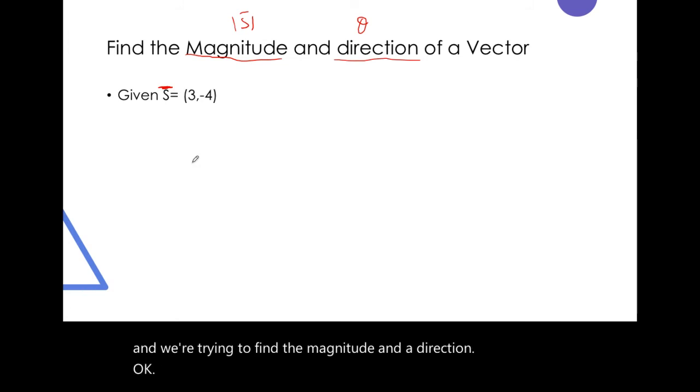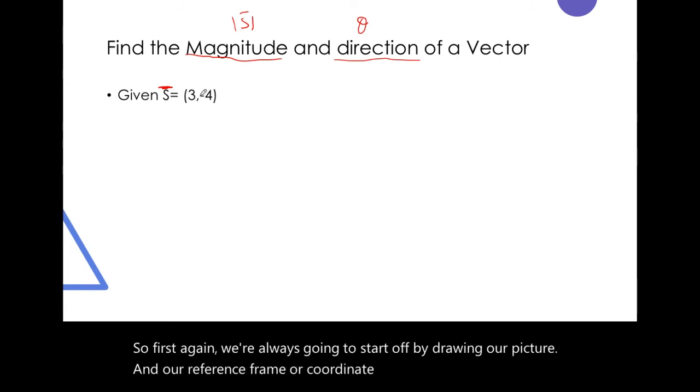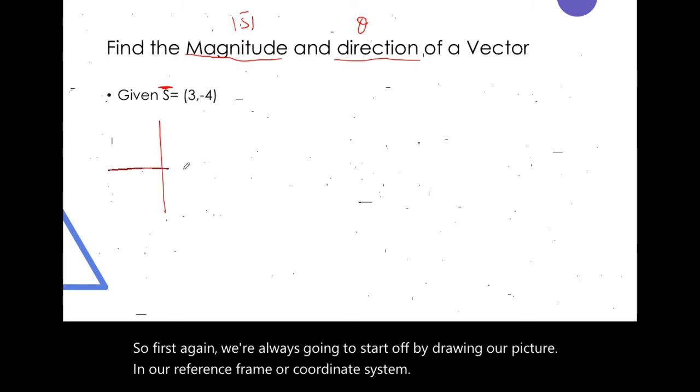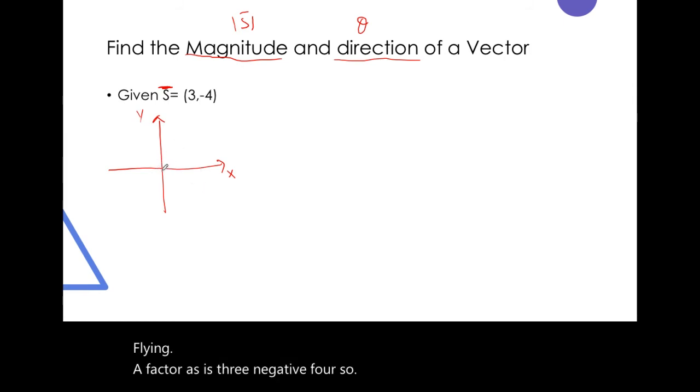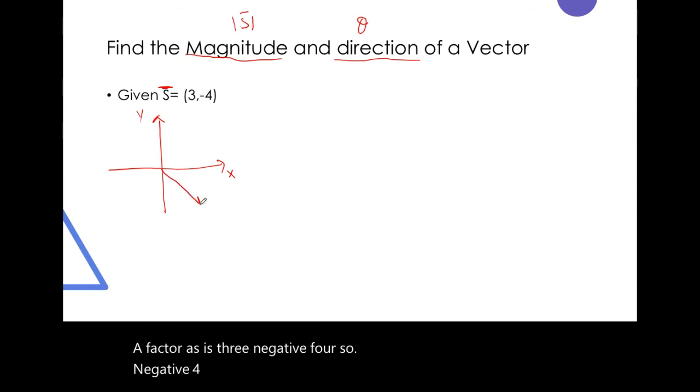Okay. So first, again, we're always going to start off by drawing our picture and our reference frame or coordinate system. So x, y, x, y. Vector s is 3, negative 4, so 3 to the right, negative 4 down, so something like that.